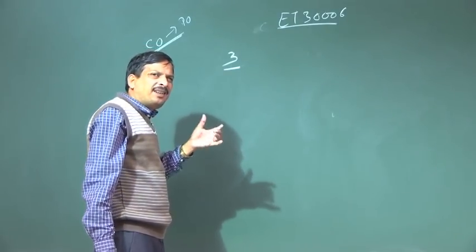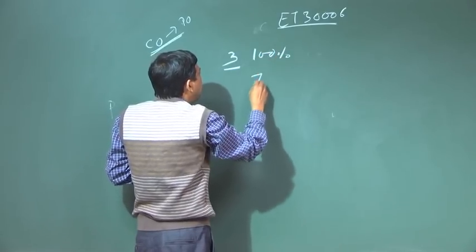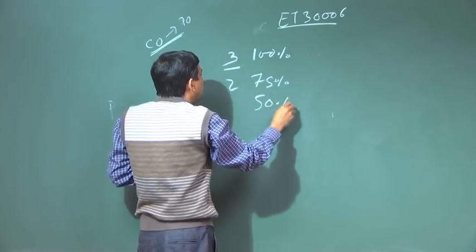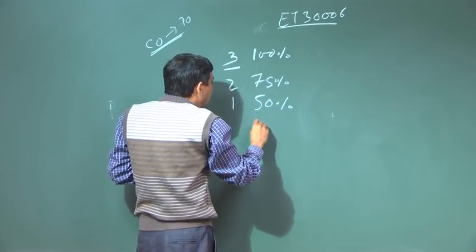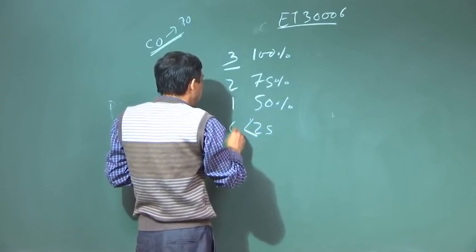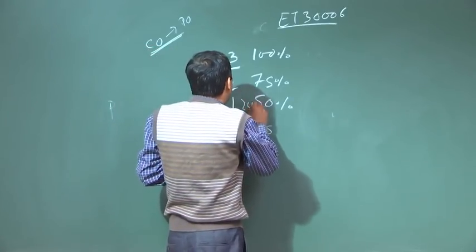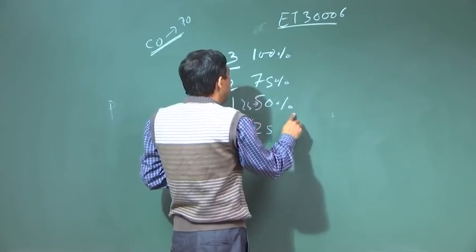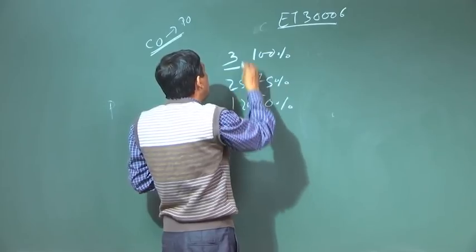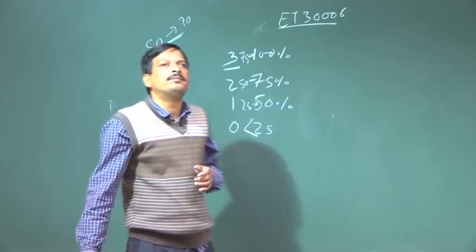If it is partially matched: 100% match, 3; 75% match, 2; 50% match, 1; and if it is below 25%, then 0. So, 25 to 50 is 1, 50 to 75 is 2, and 75 to 100% is 3.